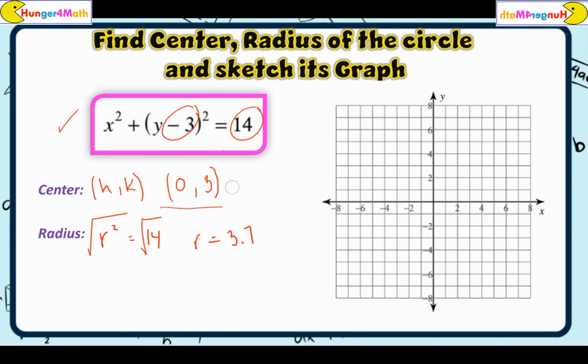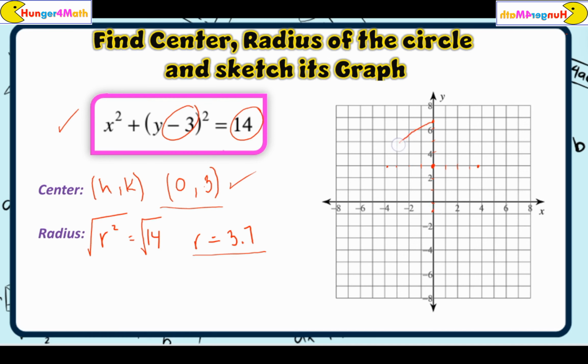All right, and then connect the points. So that's how we sketch the graph for this equation of the circle.